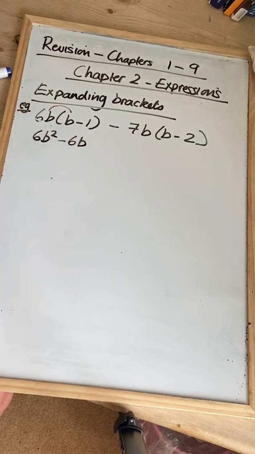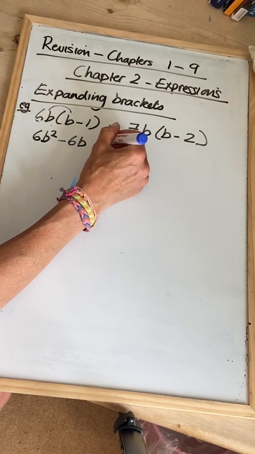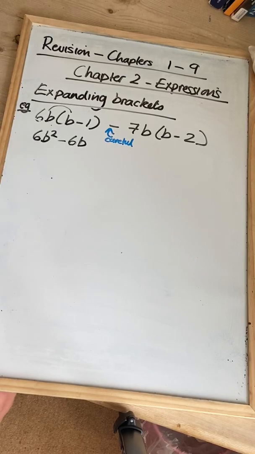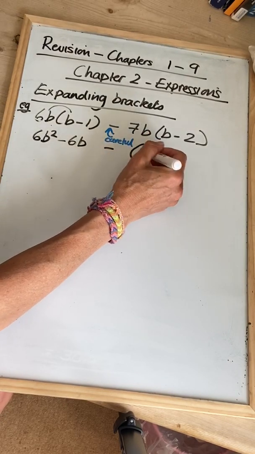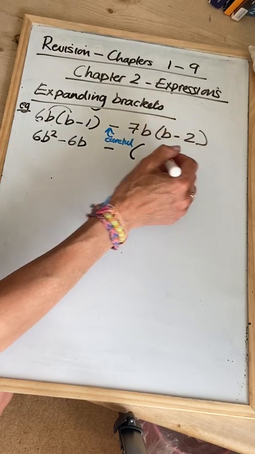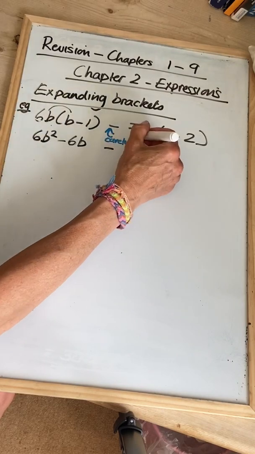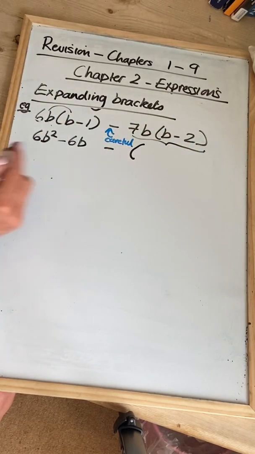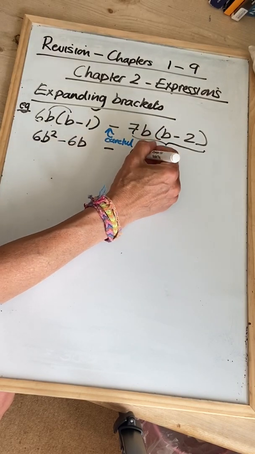Now, be very careful. This next thing is all subtracted. What I would do is put a subtraction sign in here and a bracket around all of this so that we remember what we're doing is all going to be negative at the end, okay? So I've got 7b times b, that's going to give me 7b squared.